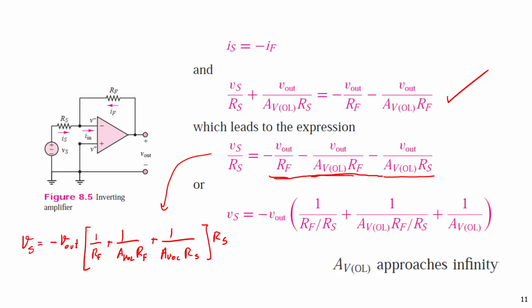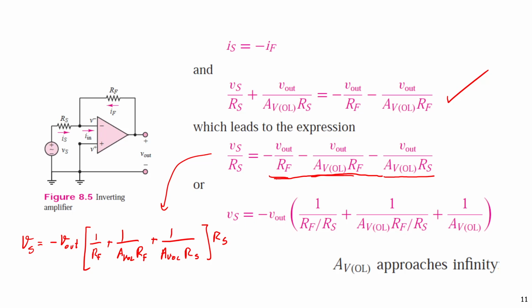So we can see that whatever Vs, Vout will be in negative sign. The relation between Vs and Vout is in opposite polarity.